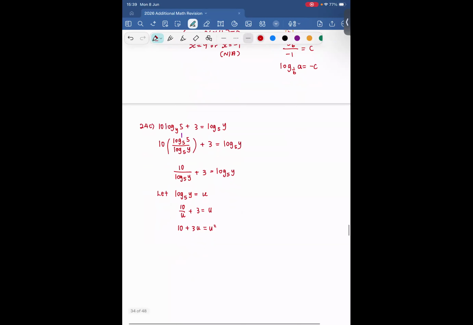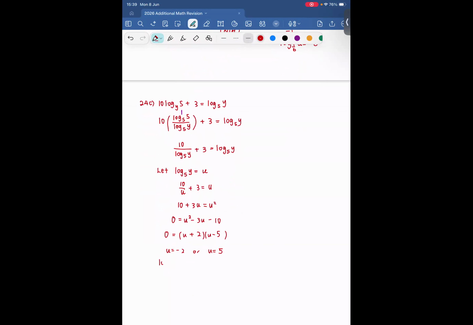Bring all the u to one side. Factorize. You must remember to change your u back to your y.